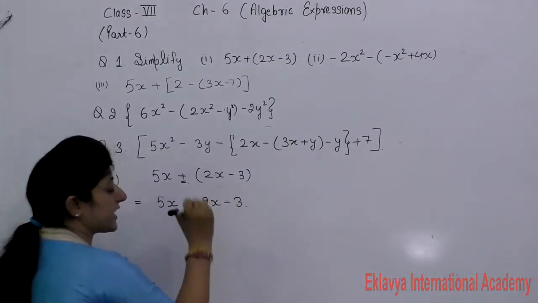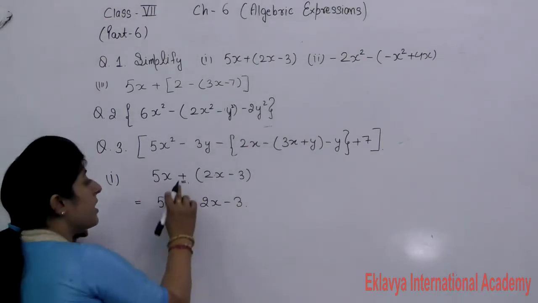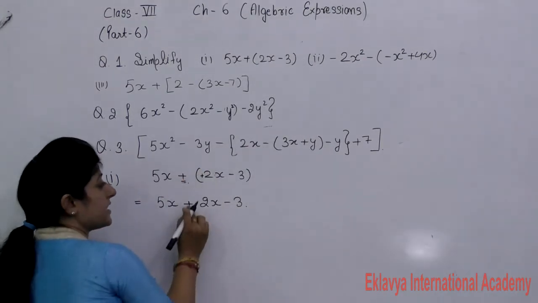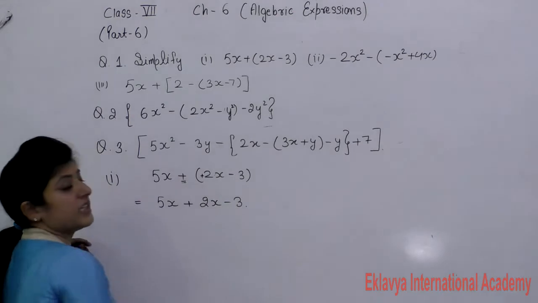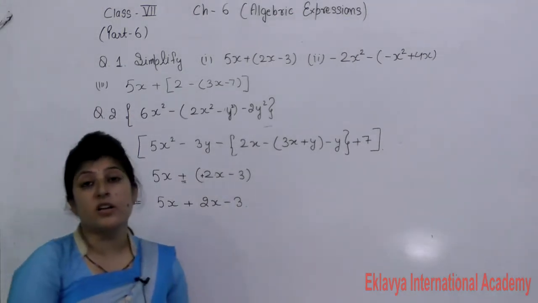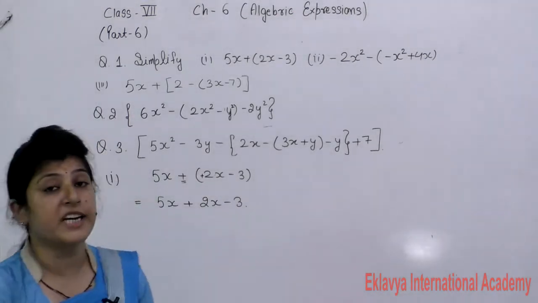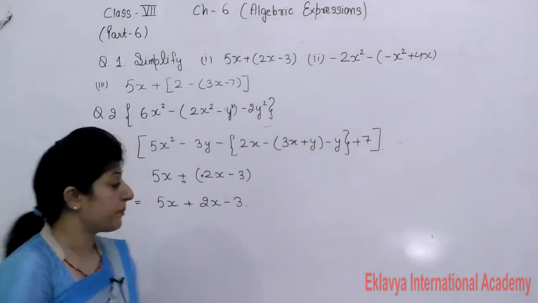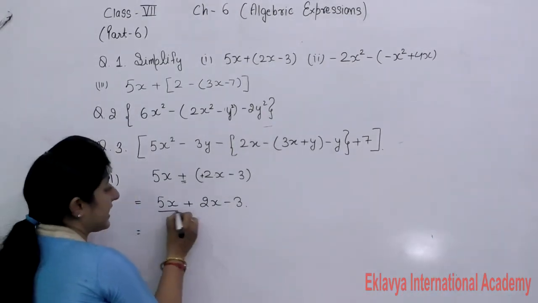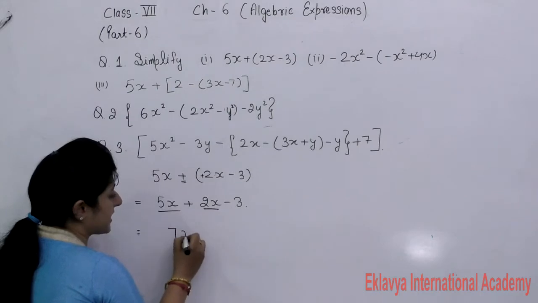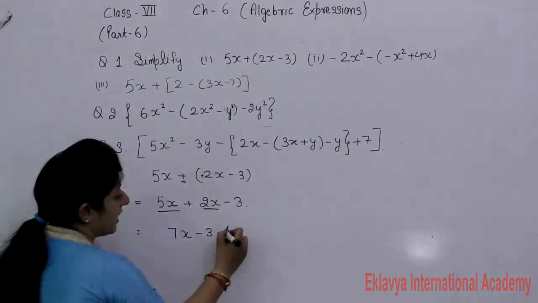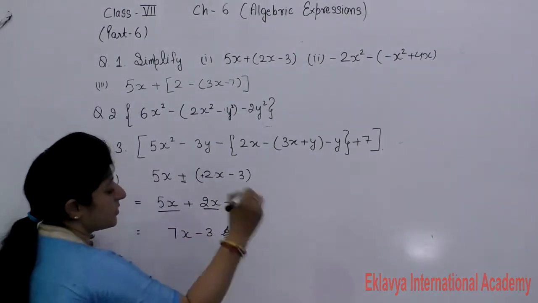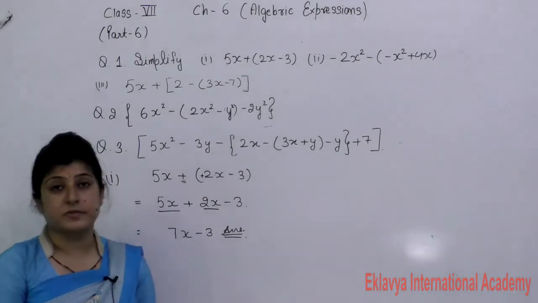We write down directly: plus into plus, plus, plus minus, minus. We already solved these types of problems, only we are discussing here in detail. Now combine like terms: 5x plus 2x is 7x, minus 3. Now nothing is a like term, so this is our answer.